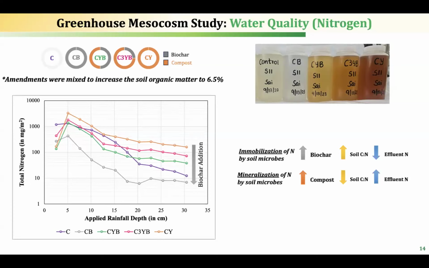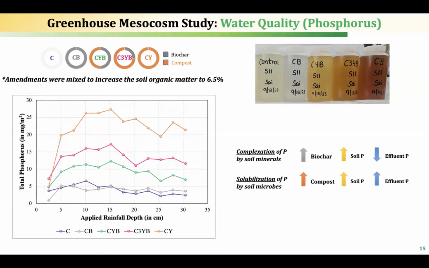And this is why we noticed low nitrogen leaching from the biochar amended soils. On the contrary, when you have more nitrogen in the amendment, in this case it is the yard waste compost, you drive down the CN ratio and it favors nitrogen mineralization, contributing to greater export of the nutrients from these soils.